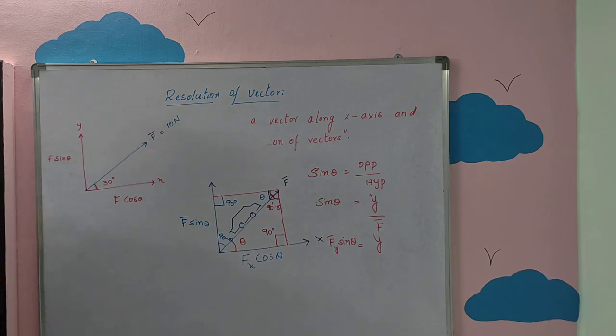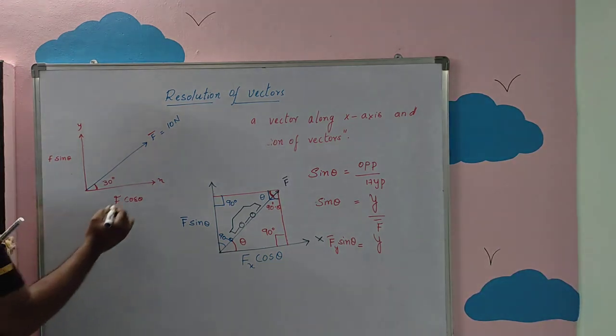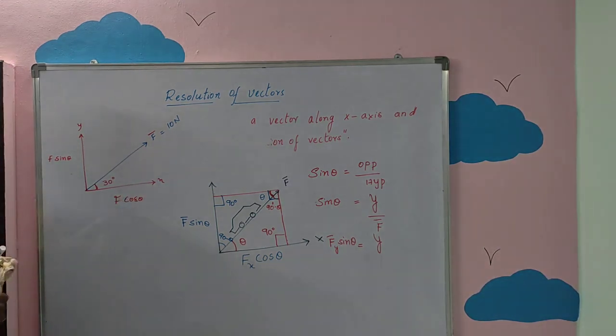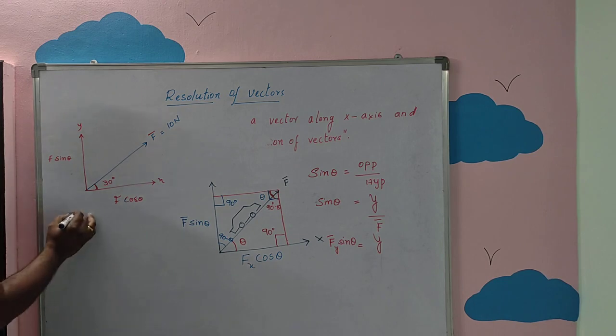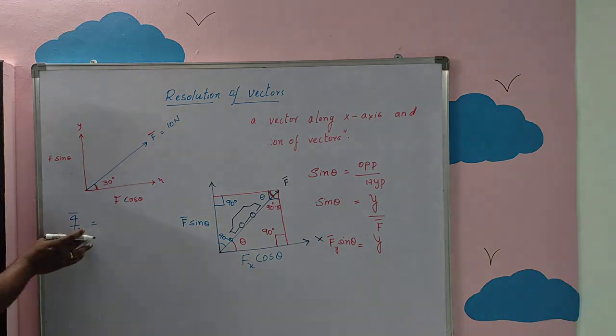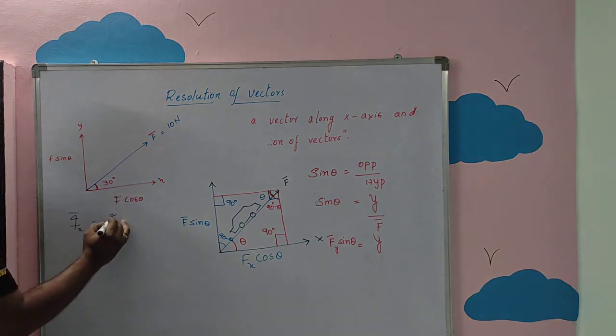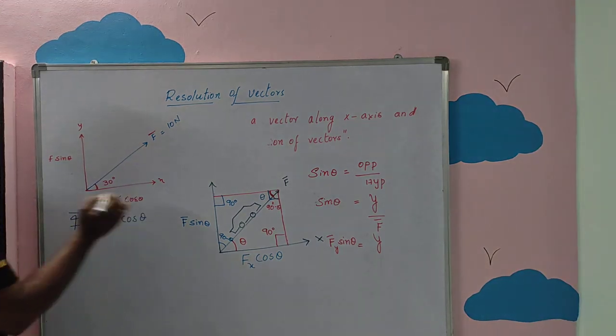Now, we can find out the value of F cos theta here. For example, Fx. What is Fx here? Fx is the force vector along the x axis, which is F cos theta.